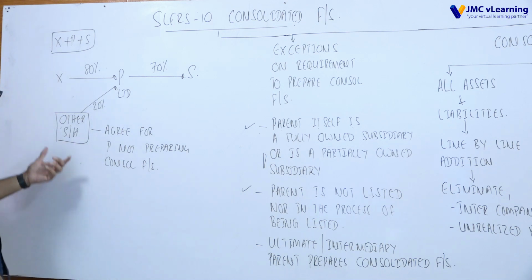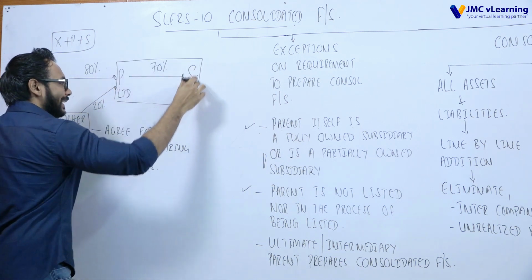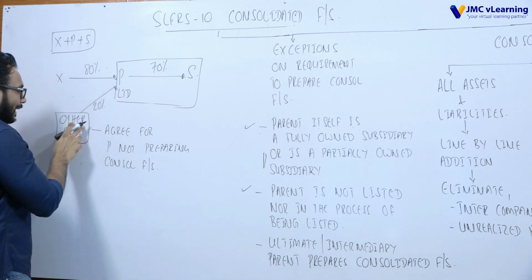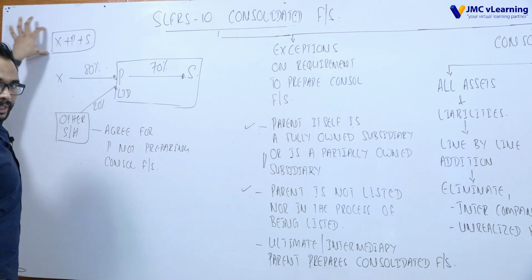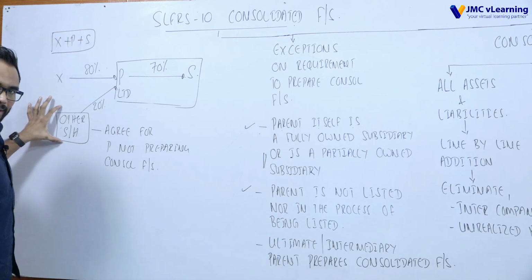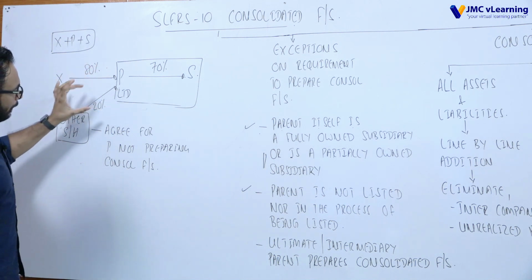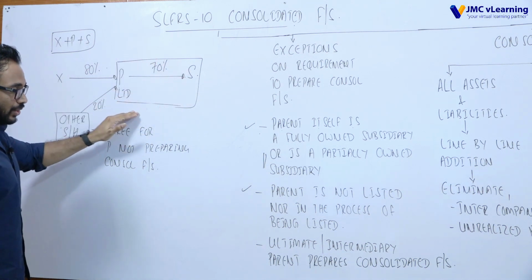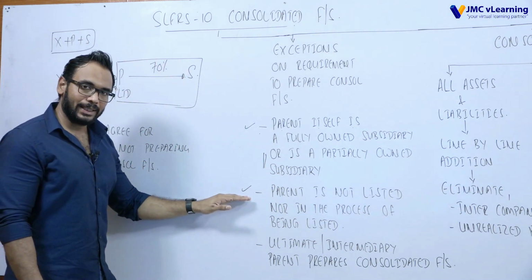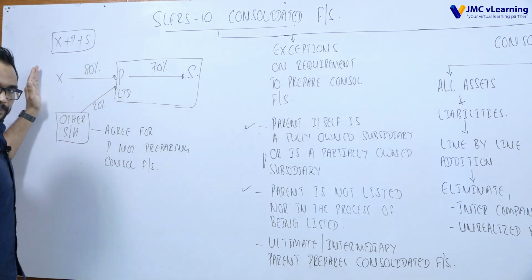Why? Because these shareholders might want to know the performance of this group, because they are shareholders of this group. They have nothing to do with X. So just because X prepares financials combining all three, they might not be interested in that. So they have to agree for P not preparing consolidated financials at this level, in addition to P not being a listed entity and X preparing its consolidated financials.